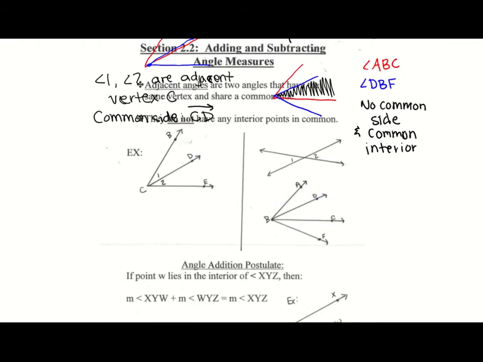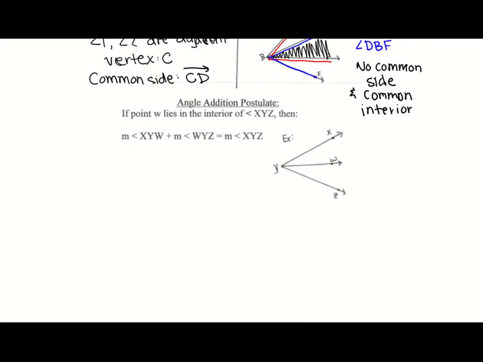If we look down below, this says that if point W lies in the interior of angle XYZ, then the measure of angle XYZ, so that's what this little m here means, it means the measure of, so measure of XYW plus the measure of WYZ, so we have this angle plus this angle, is equal to the measure of XYZ, which is the whole thing.